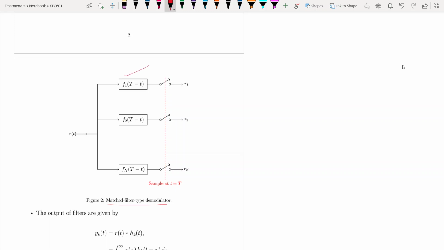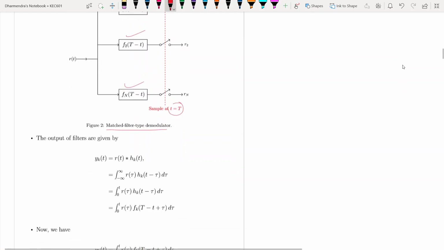We are using these matched filters, and then we sample at t equal to capital T. The output of the kth filter is denoted by y subscript k of t, and that is the convolution of the input r of t, which is the received signal, with the impulse response of the kth filter.